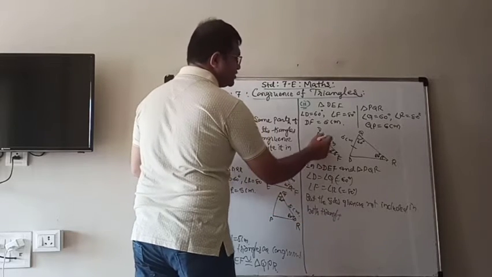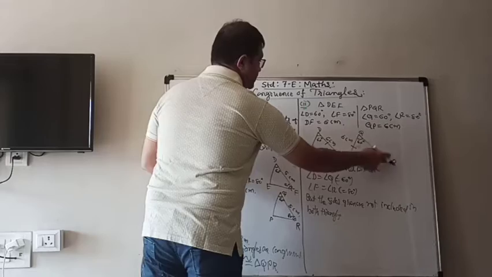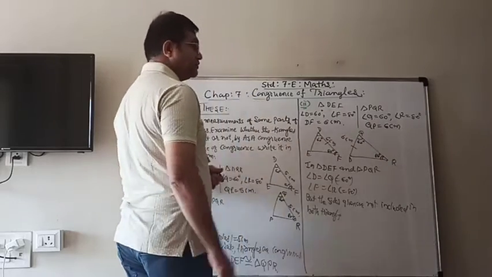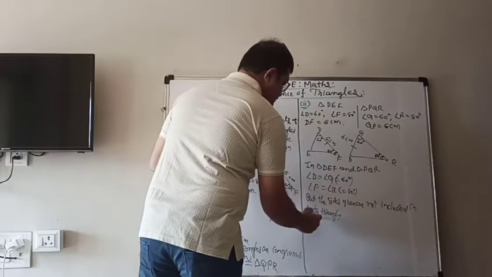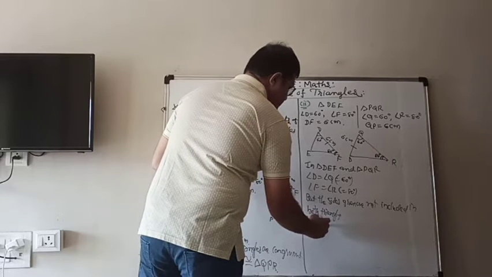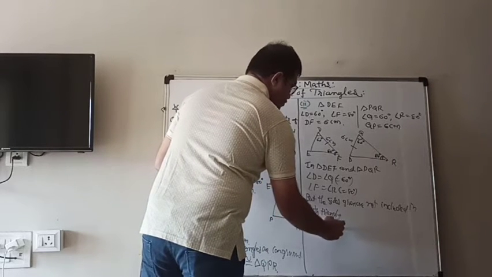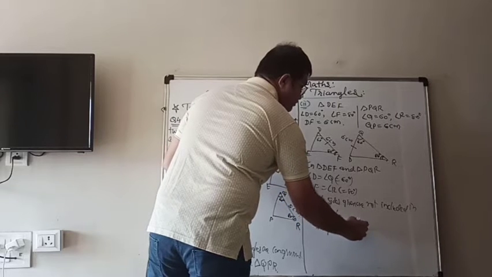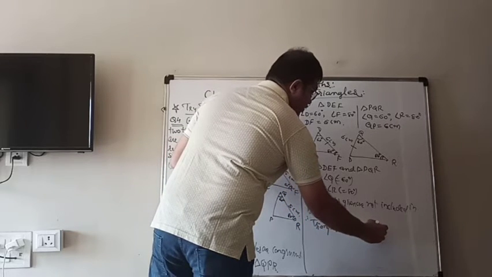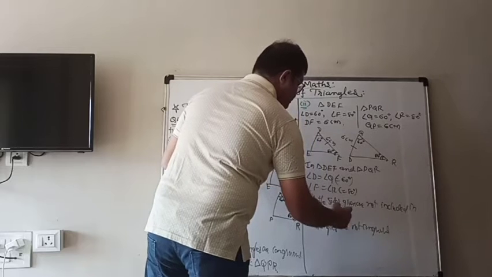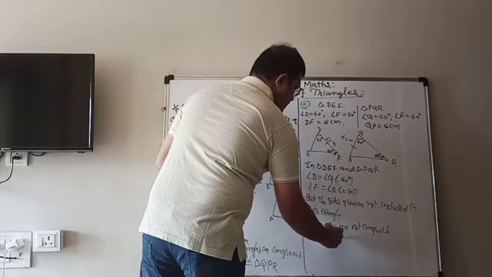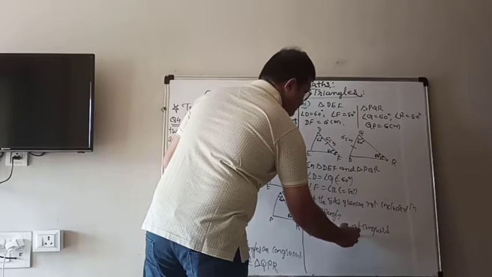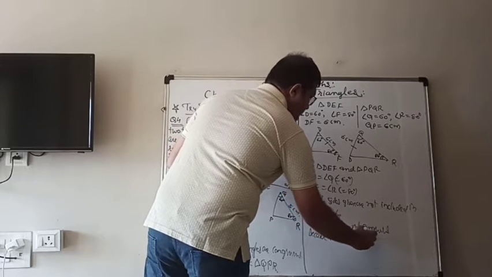You can see that here it is the included side, but here the angles are here, and the side is another one, and therefore it is not possible. Therefore, the triangles are not congruent, because we cannot apply the ASA rule; it is not applicable.